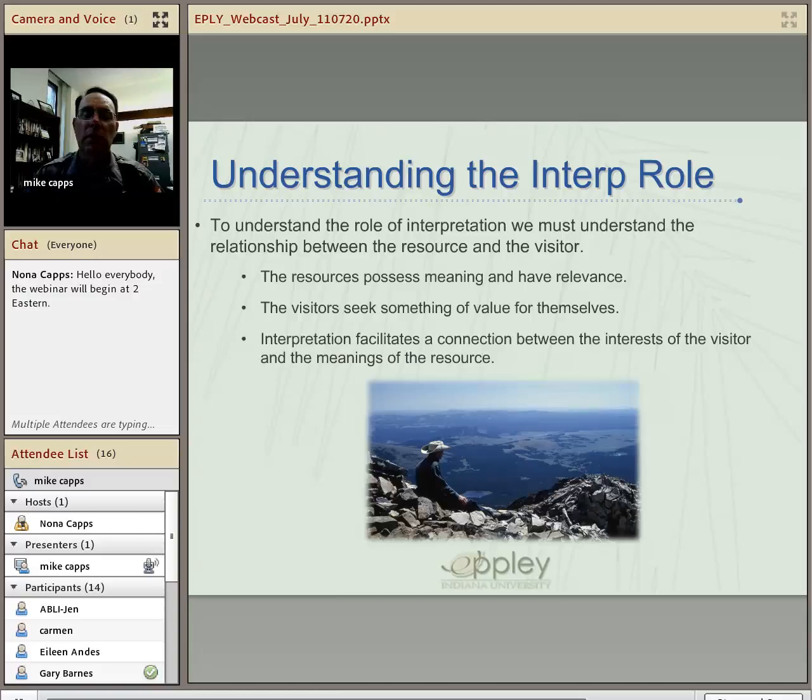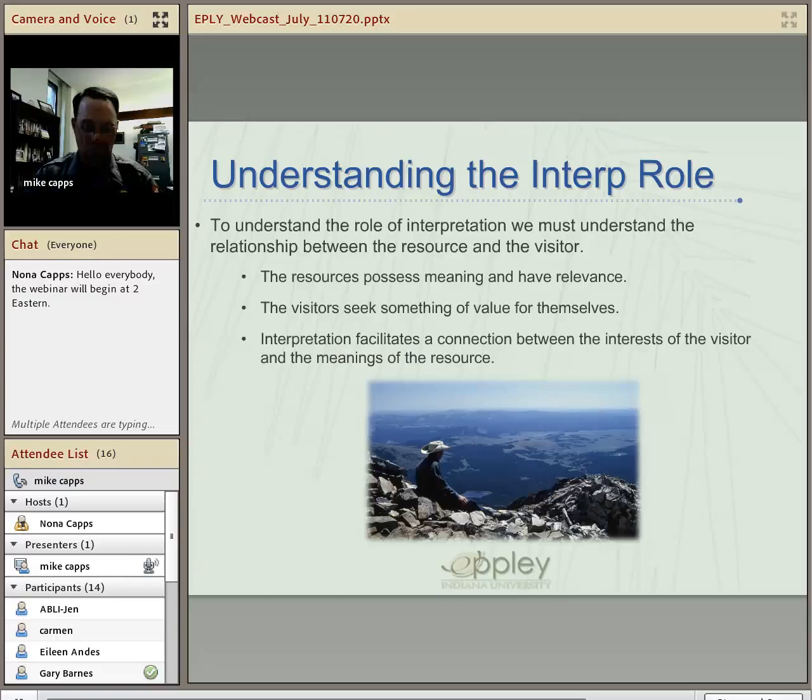But once they're here, through our interpretive activities, we have an opportunity to facilitate a connection between their desire to engage in a family activity and the connection that these resources have with Abraham Lincoln. So that's really all we're looking to do with interpretation, is to facilitate some sort of a connection.